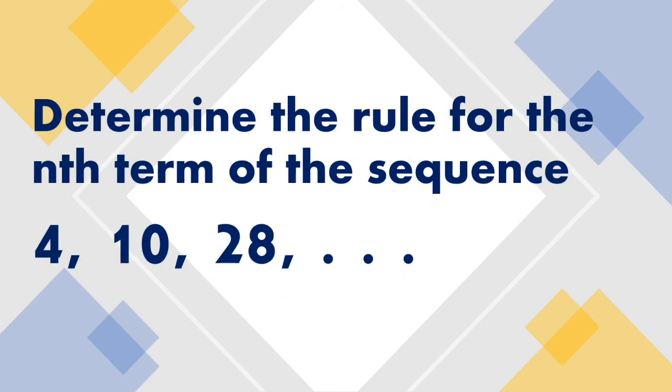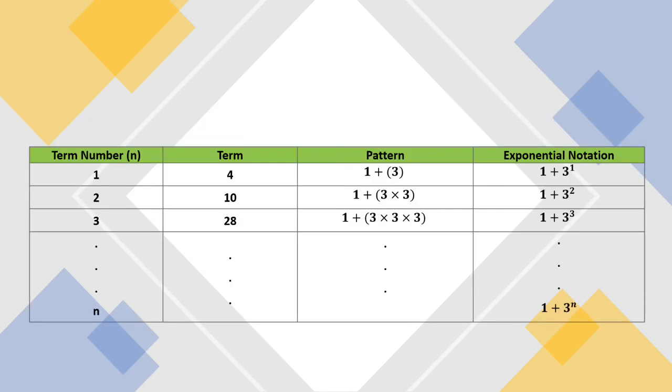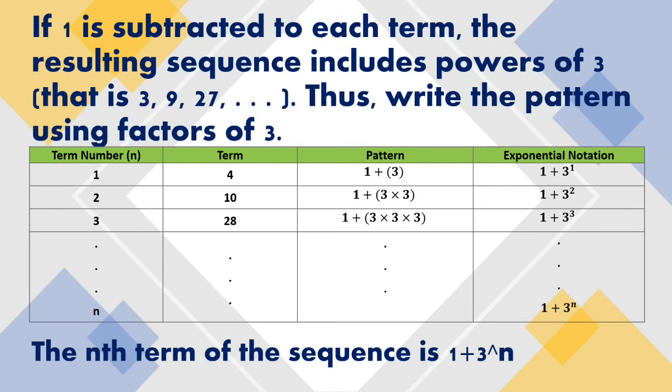For our last example, determine the rule for the nth term of the sequence 4, 10, 28, and so on. If 1 is subtracted from each term, the resulting sequence includes powers of 3, that is 3, 9, 27, and so on.